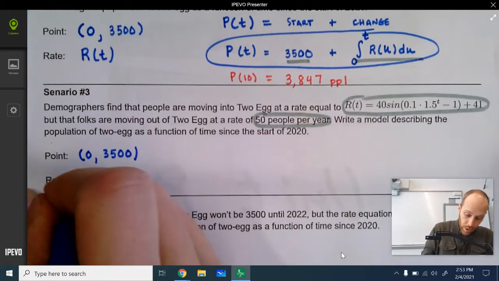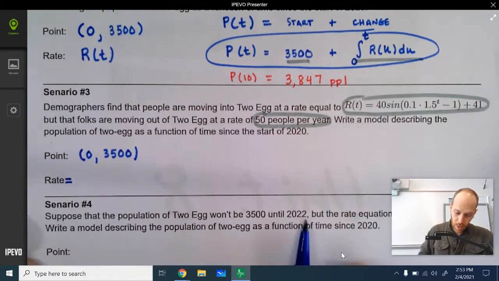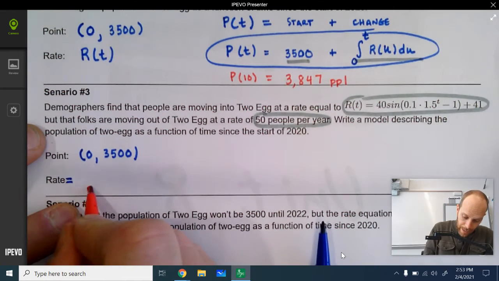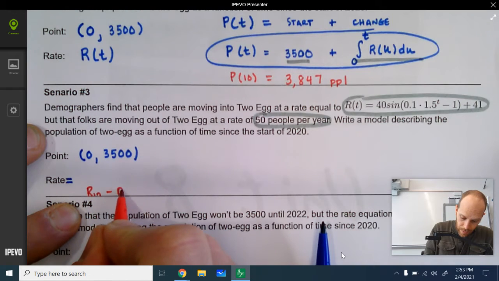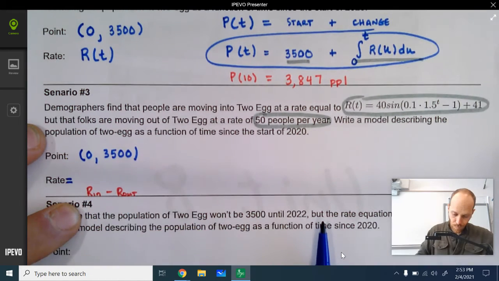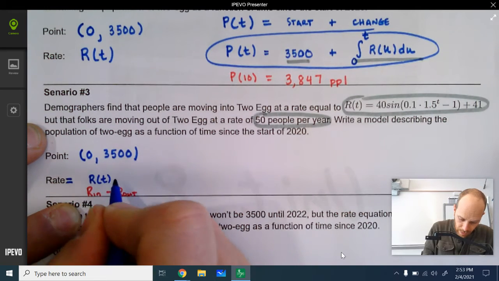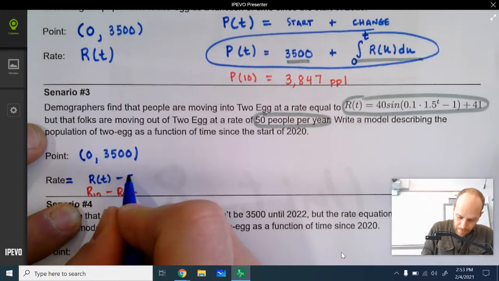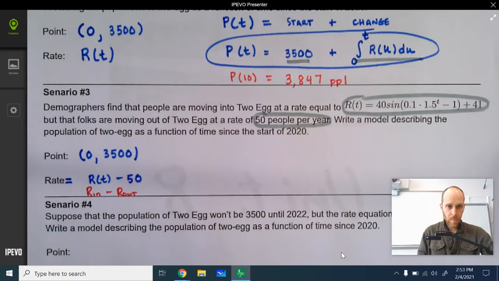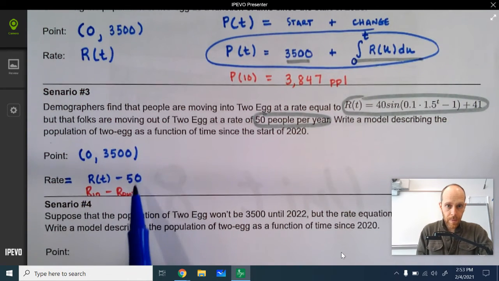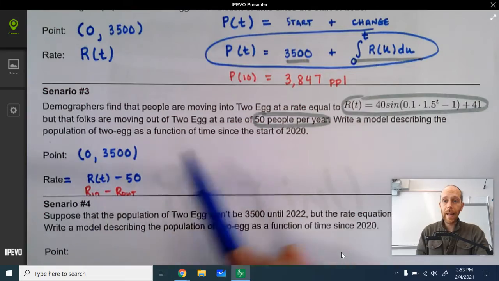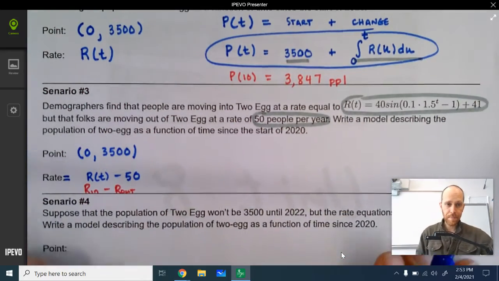The rate of change is now going to be equal to the rate in, take away the rate out. So we get R of t, take away 50. Right? This is the rate out, 50 per year. This is the rate in, big complicated equation.